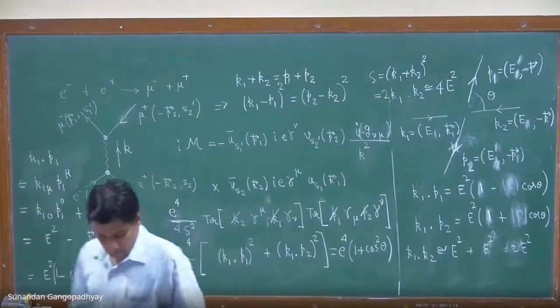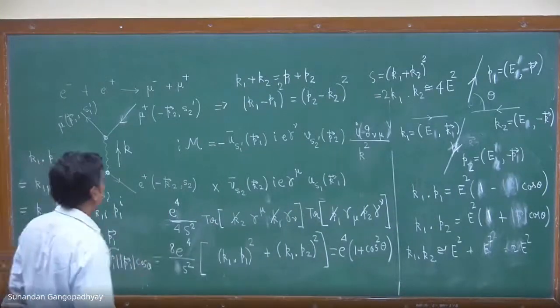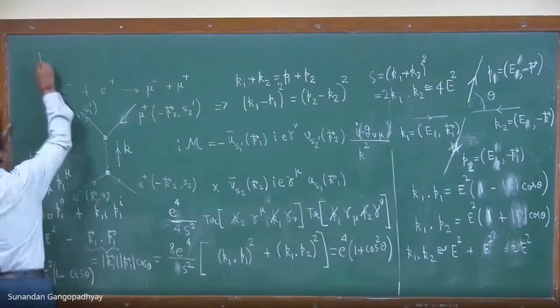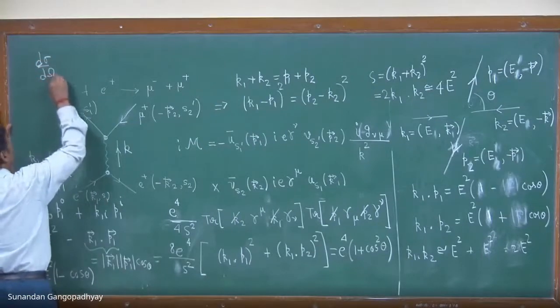And now you can simply calculate the differential cross section d sigma d omega.